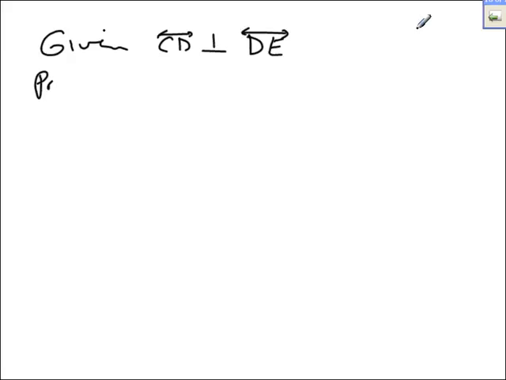You want to prove something. What do you want to prove? Two lines meet at a right angle, and then you have a complement going there. You want to prove that angle CDF is complementary to angle FDE.